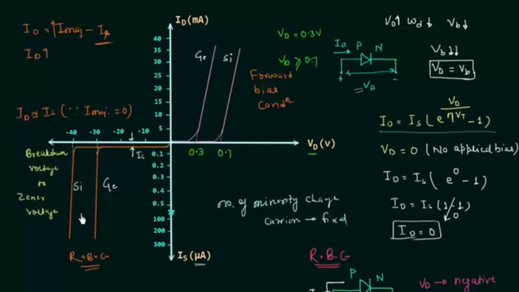So this is the VI characteristics in case of reverse bias condition, and this is the VI characteristics for a normal diode, for a simple diode. We also have other types of diodes like the Zener diode, in which doping is very high, and the Zener diode is very good if you want to operate in reverse bias condition. In a Zener diode, breakdown is achieved earlier because it is highly doped.